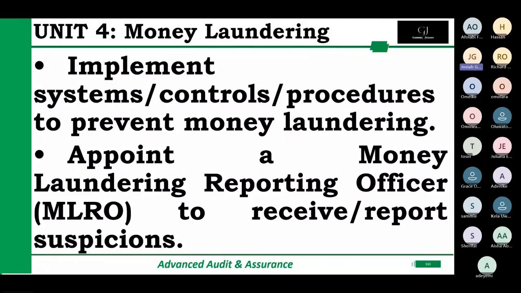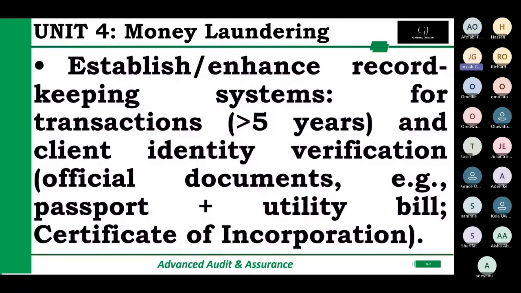So it's the obligation of professional firms to implement systems of internal controls and procedures to prevent money laundering by appointing, number one, a money laundering reporting officer who is to receive and report any suspicion of money laundering. Also, they are to establish and enhance record-keeping systems for transactions, kept above 5 years.